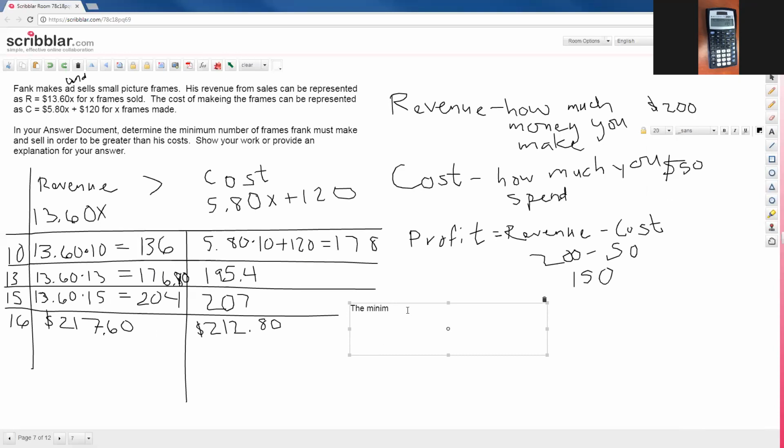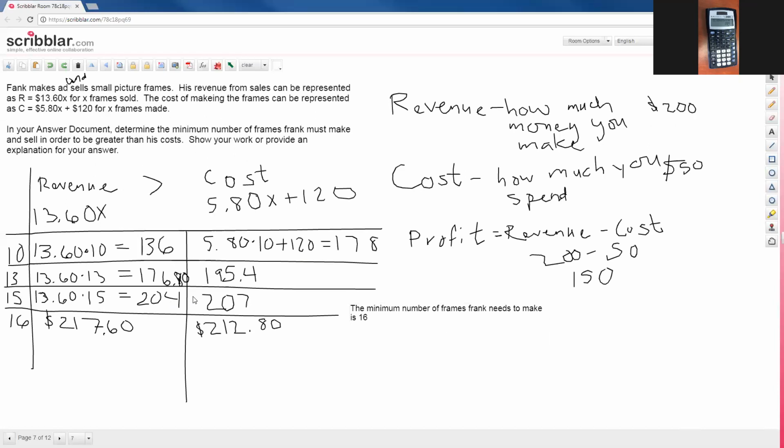The minimum number of frames Frank needs to make is 16. The table itself shows that 15 went from less than to 16 going to greater than. Showing that table is kind of showing the work, but make sure you address and say, this is my final answer. I know this means the minimum number is 16.